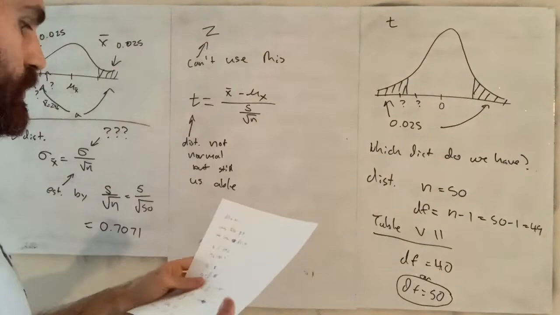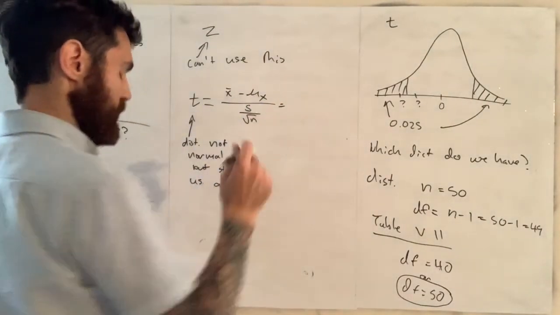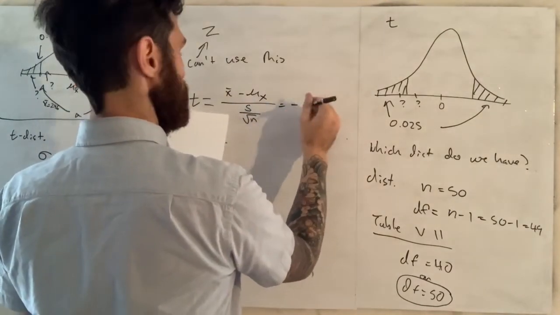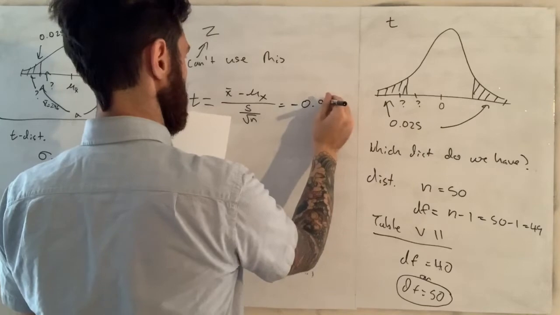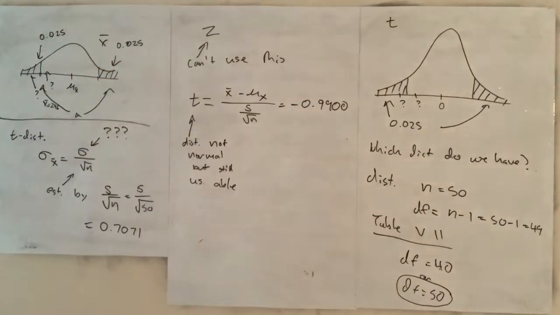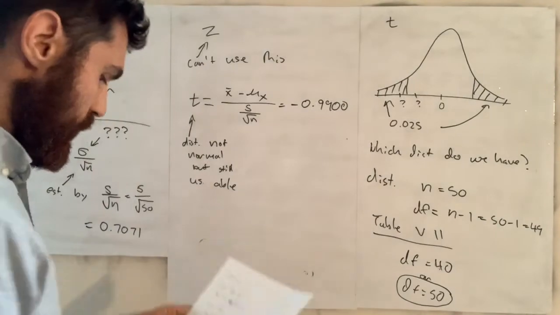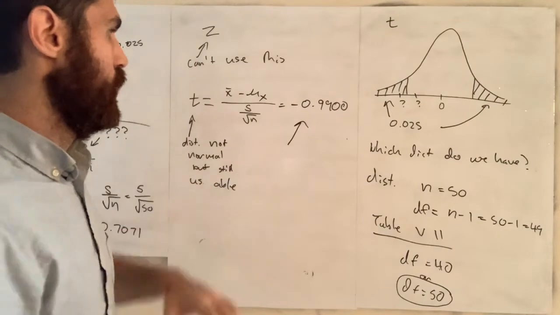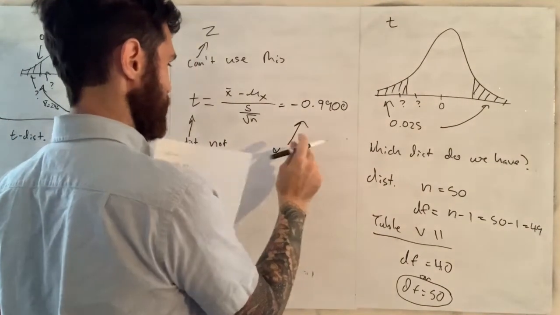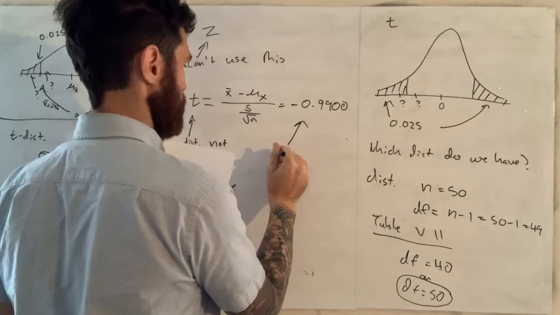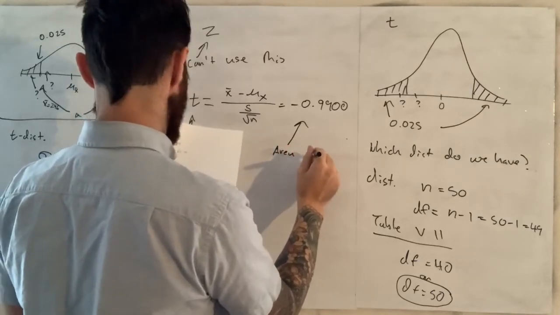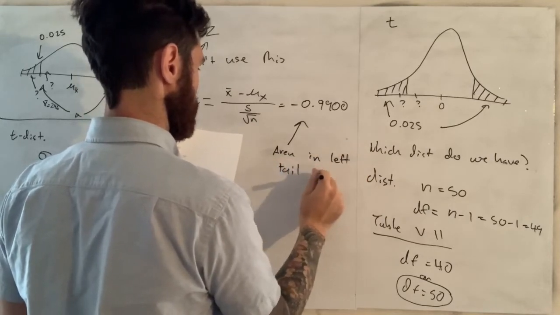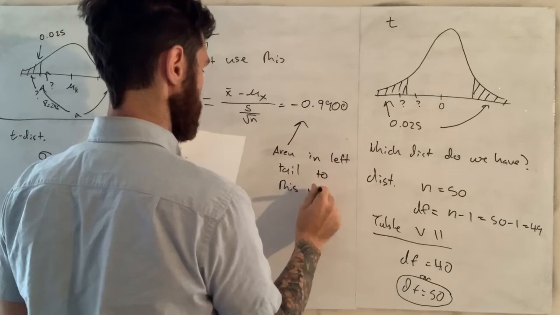Okay, so what we do is we make this computation, and you're going to get negative 0.9900. And what you do is you look at what the alpha value is, or I guess the area in the left tail to this value.